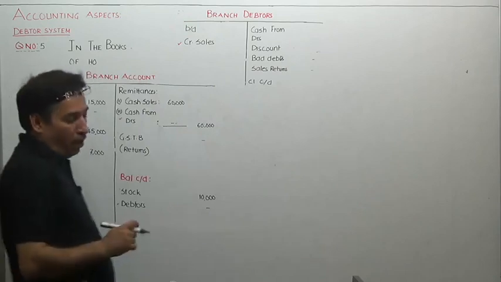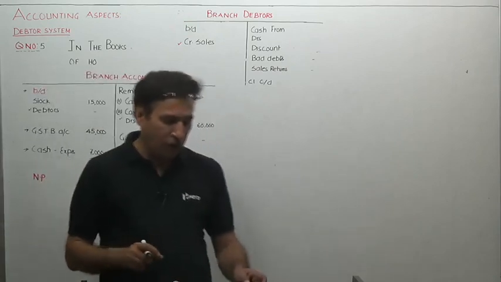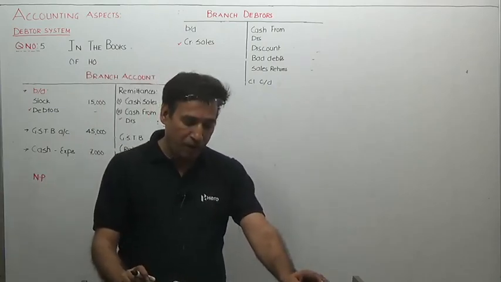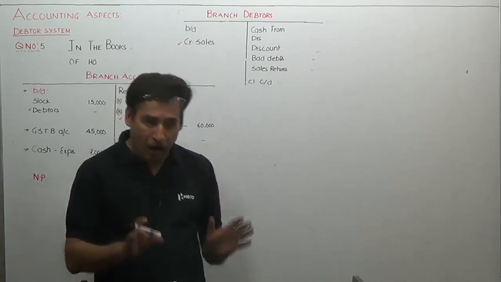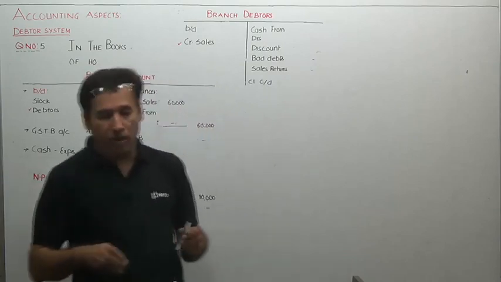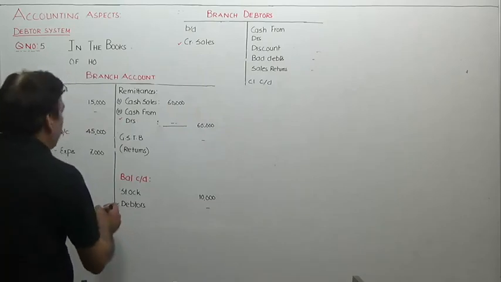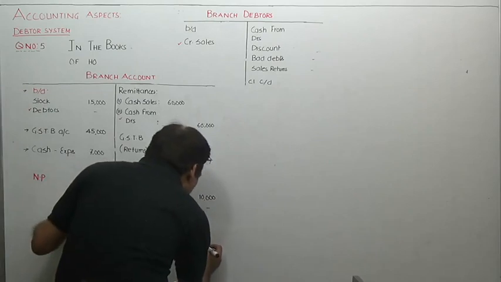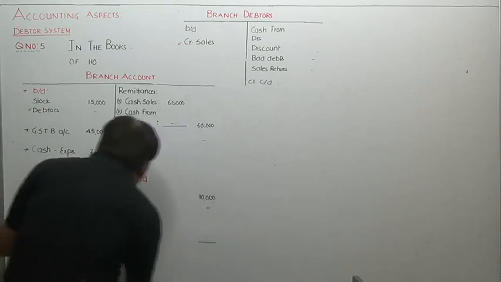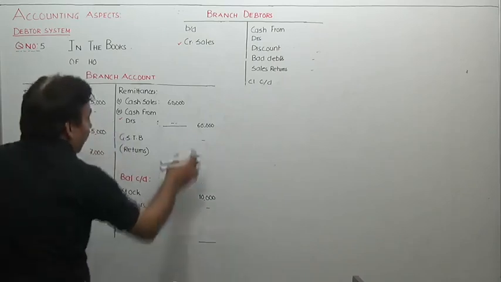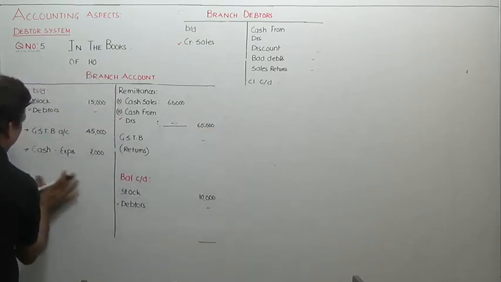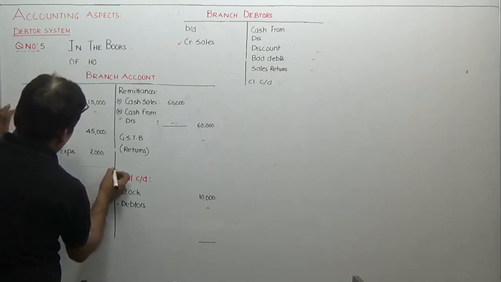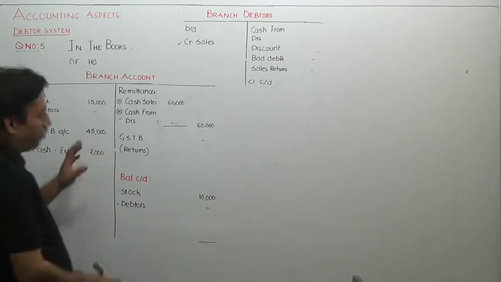Now, the question later states that the branch manager is entitled to 5% commission on the profit of the branch after charging such commission. So first of all, I am going to tally this account. From this total, I am subtracting only this much of part.